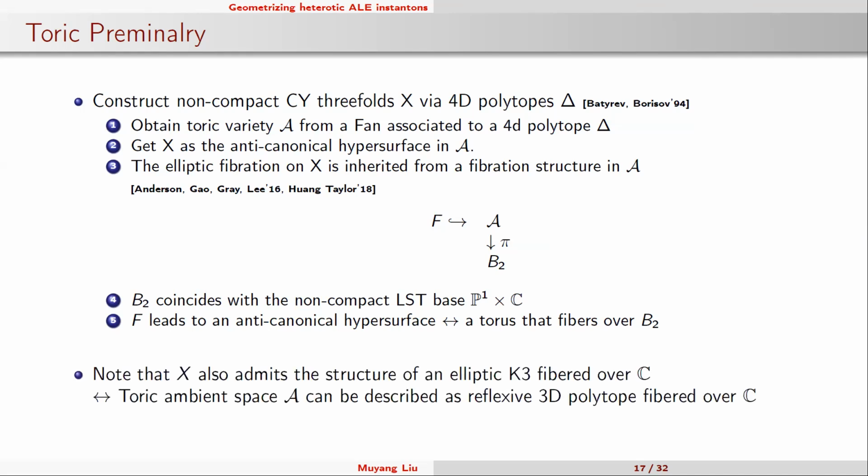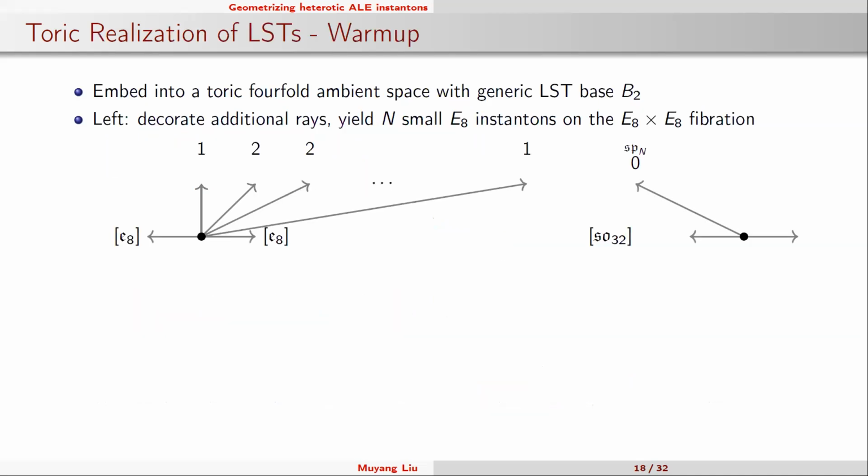So in practice, we noticed that the Calabi-Yau threefold also admits the structure of K3 fibrations over C, such that we can use reflexive 3D polytopes to build the fibration over C to build our toric ambient space. This 3D polytope will tell us information about the K3 fibers that determines the flavor groups of the series. So let's talk about one example, which is also very famous.